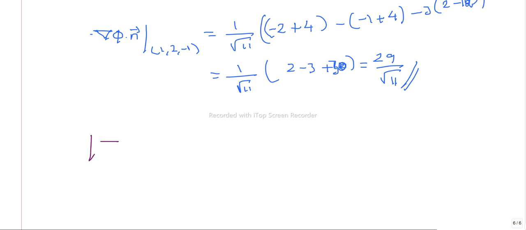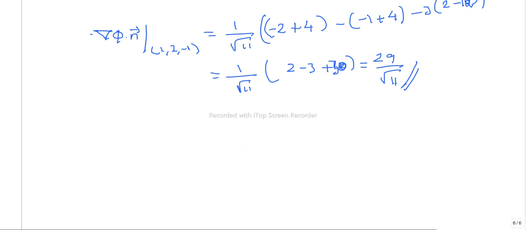So modulus of del pi is the maximum value of the directional derivative at the point. Okay, you can substitute. Maybe we will solve some problem. So after you find the gradient, you take the modulus, you will get the maximum value.